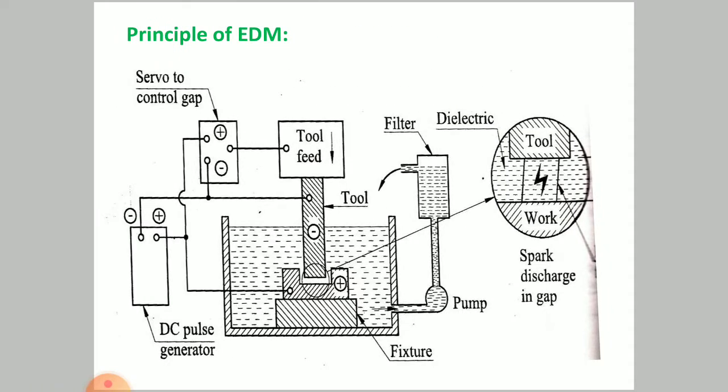The principle of electro discharge machining is that the spark takes place between the positive and the negative electrode. Here you can see the workpiece is given positive charge, whereas the tool is given negative charge, and you can observe closely the gap is maintained between workpiece and the tool.